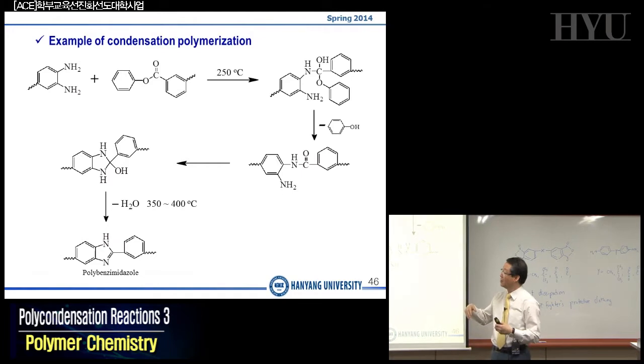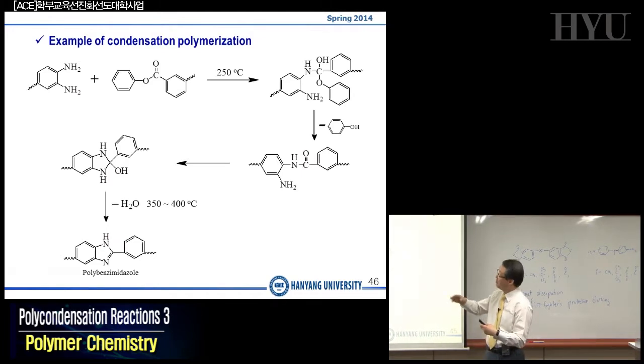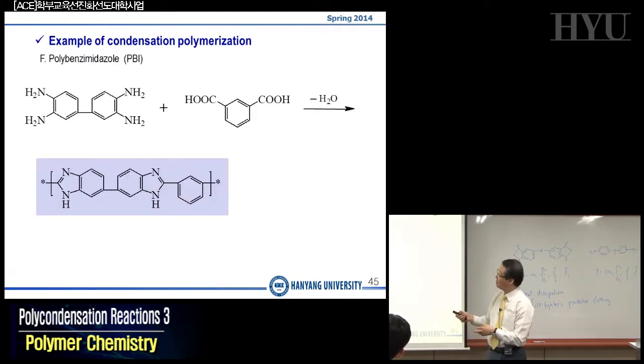And again, if you can change the tetramine, or change something in between, you can have a large variety of benzimidazoles.